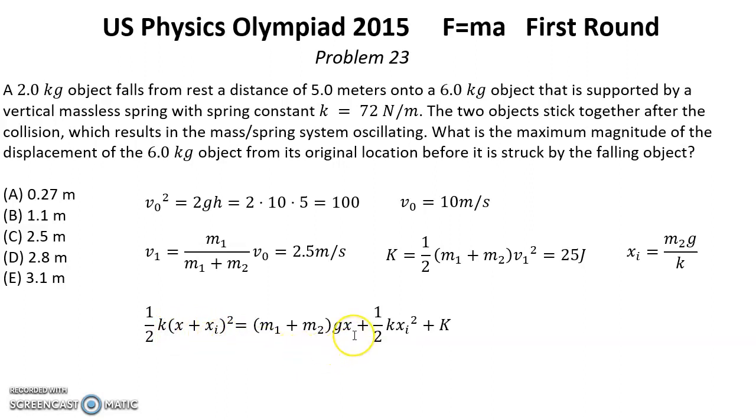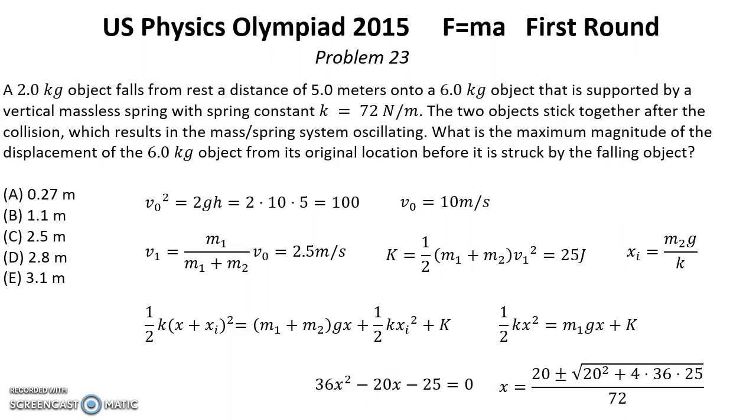That's equal to the gravitational potential energy of these two masses, plus the initial potential energy of the spring, plus kinetic energy. After all, it will give us this quadratic equation. When we put in numbers, we have two roots.